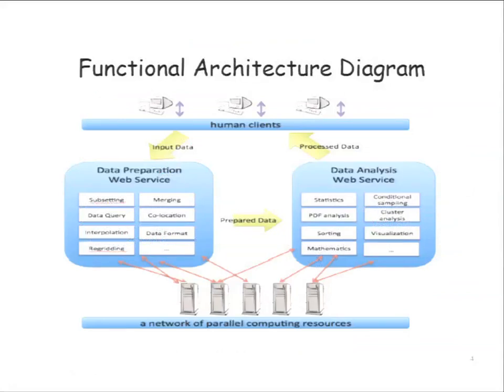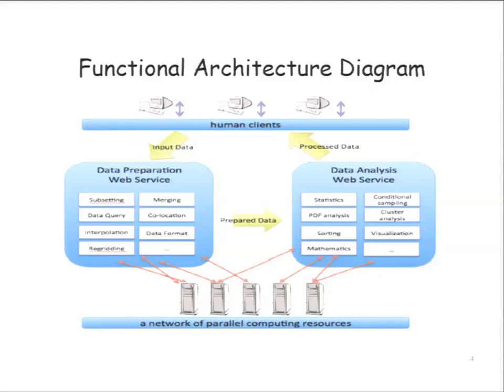So the functional architecture, on the left-hand side, is the traditional data management and library science kind of function. You want to prepare the data, index the data, safeguard the data, and put together a metadata server, providing subsetting and some simple statistical data preparation functions.